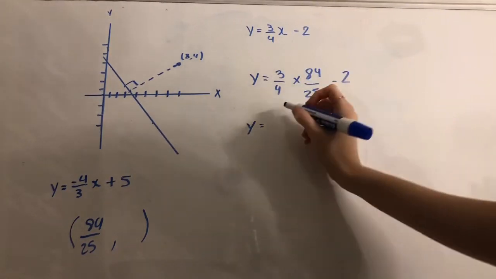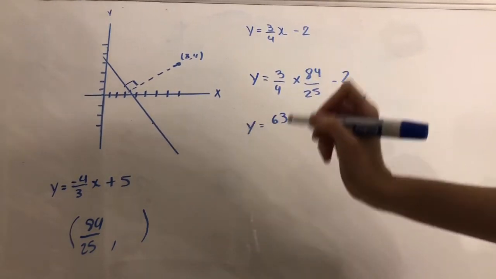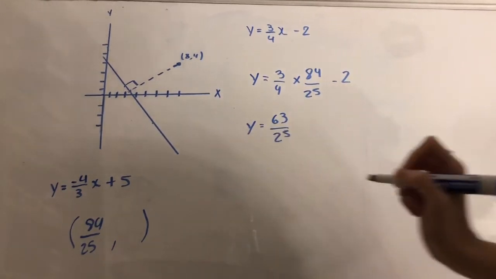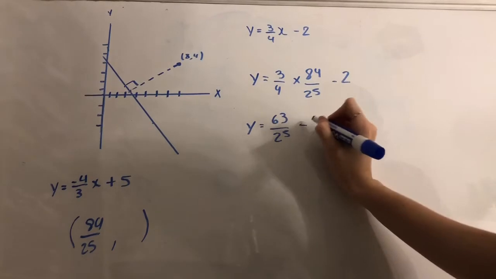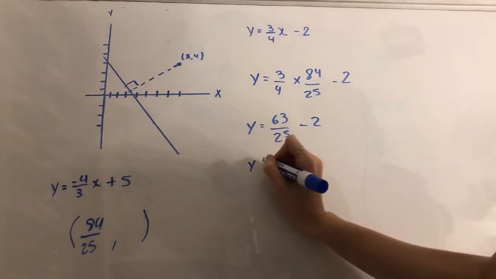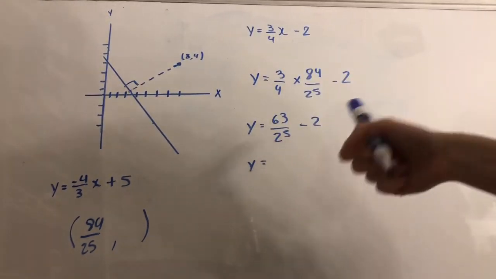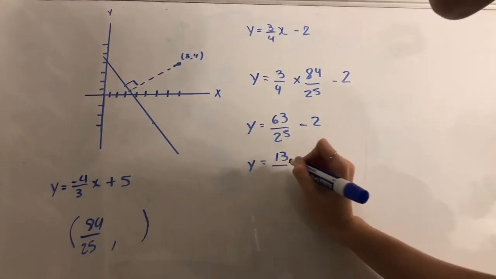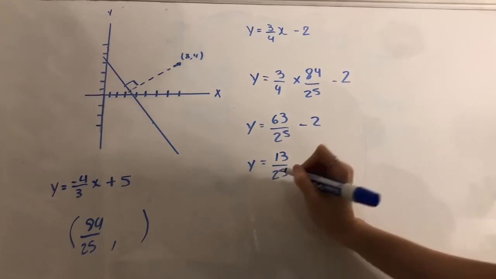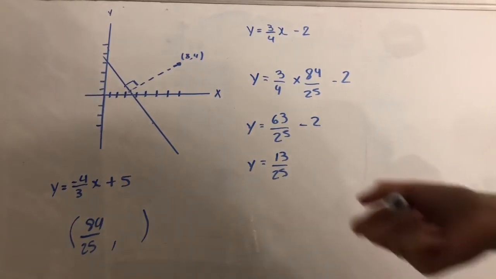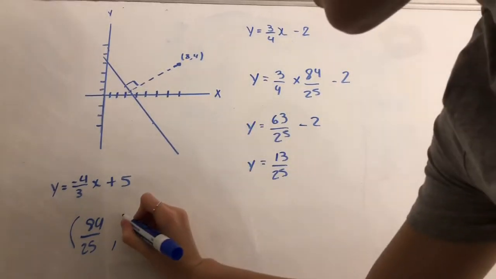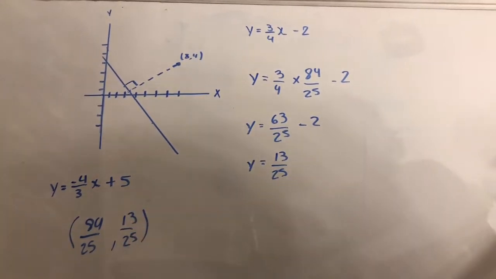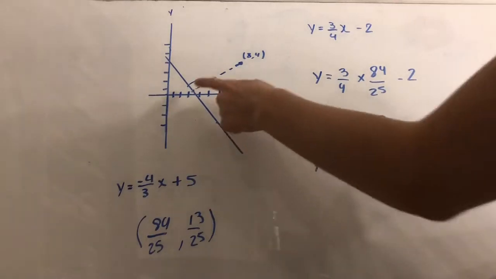This gives 63 over 25 and minus 2. And now this gives us 13 over 25. So now we got our y coordinate. We're going to write it here. And these are the coordinates for this point.